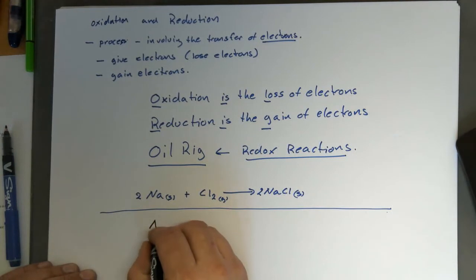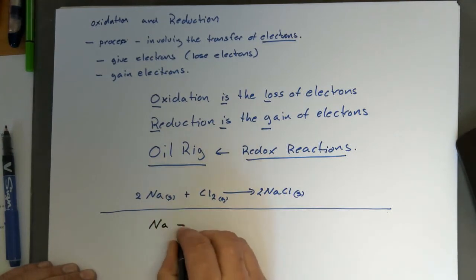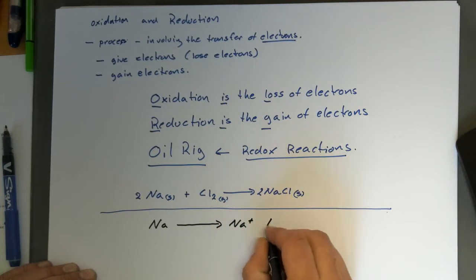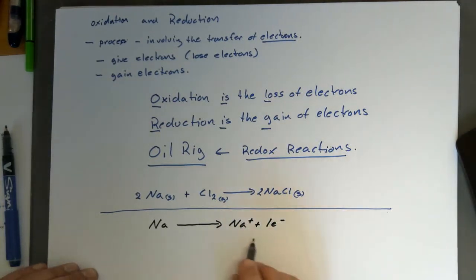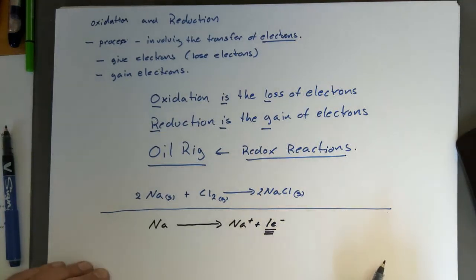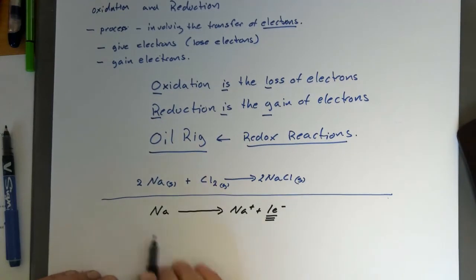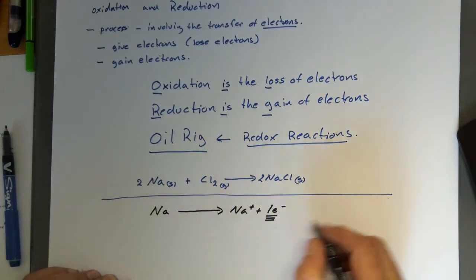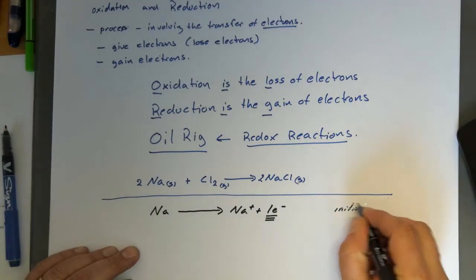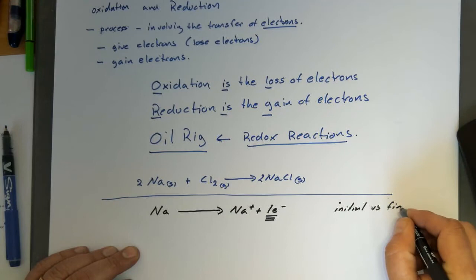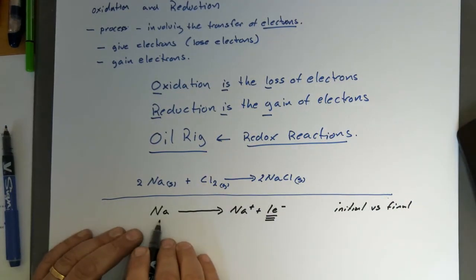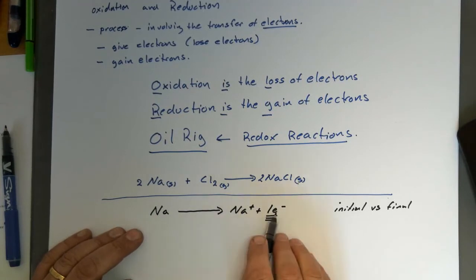Sodium loses 1 electron. And notice how we write the electron as a product. Sodium has lost it, so we have this perspective of the initial versus the final. So the initial system has only sodium, and the final has sodium plus an electron.